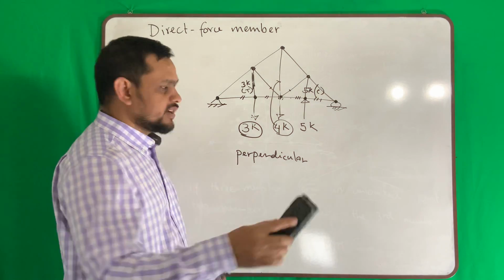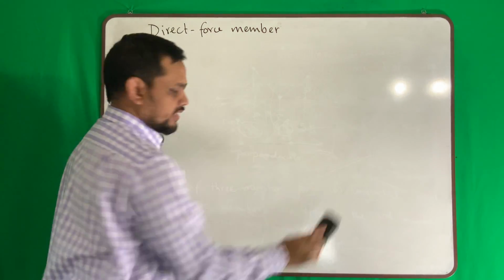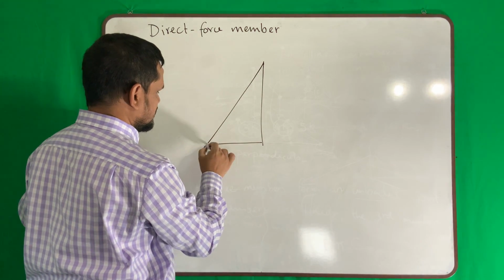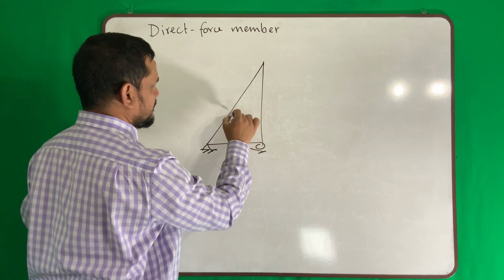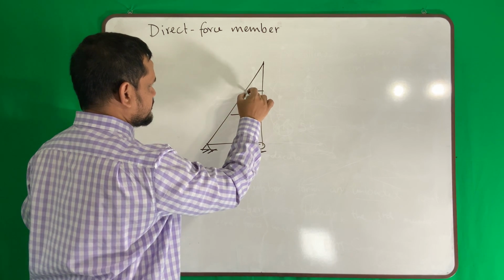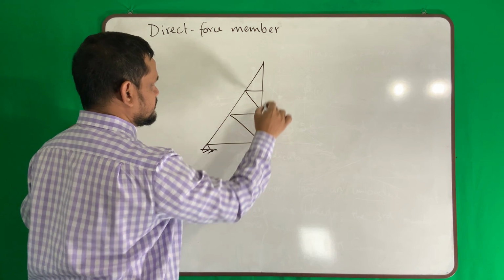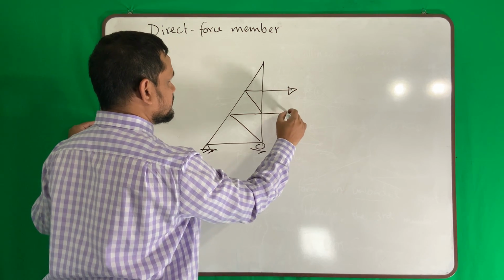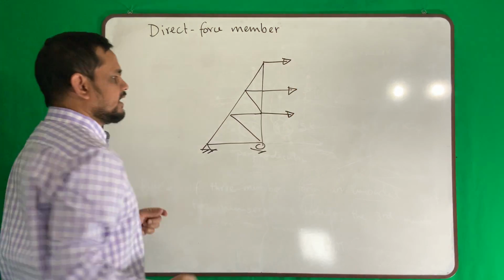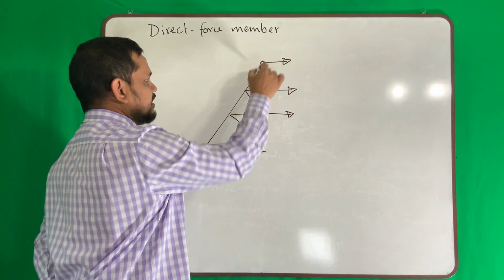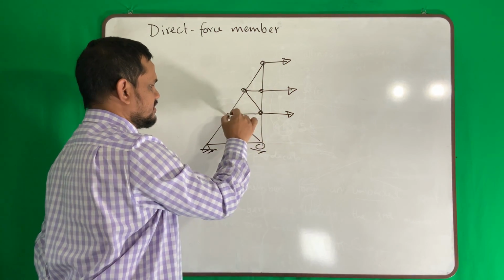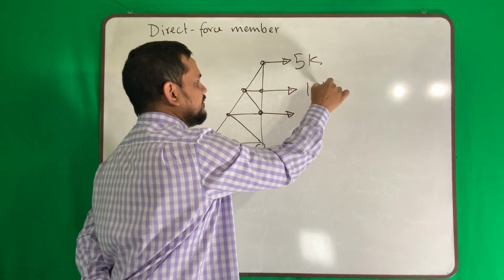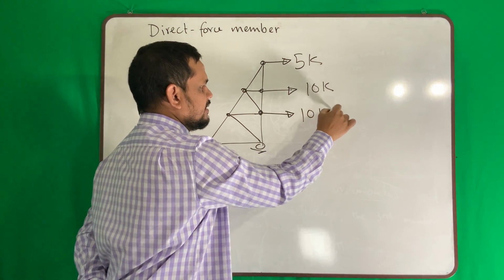Okay, let me show you another example. So there is another truss similar to this. Here I have 5 kip, here I have 10 kip, here I have a 10 kip load.